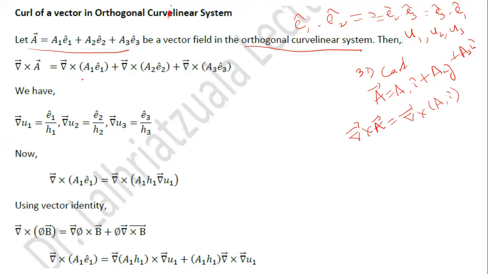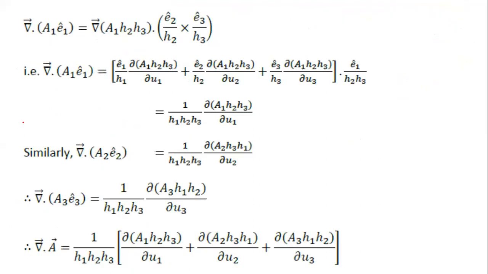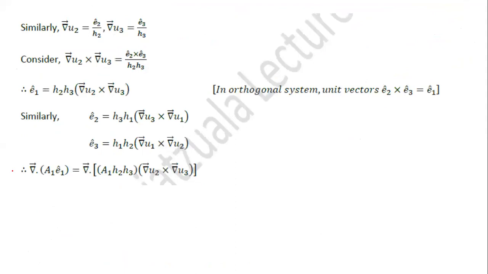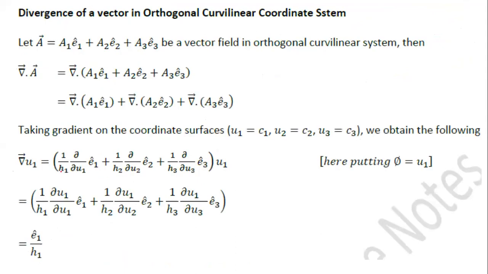Now, grad u1. If you remember this, we have proved it before. Here, where is that? Yeah, here. Grad u1, if we take grad u1, the del operator, this is your del operator in the orthogonal curvilinear coordinate system.